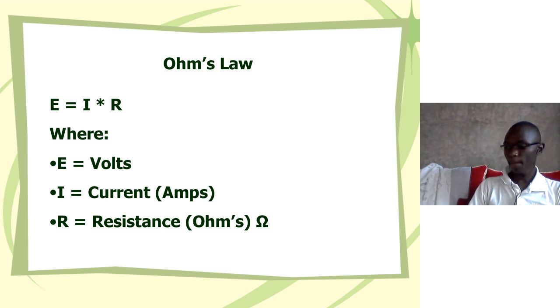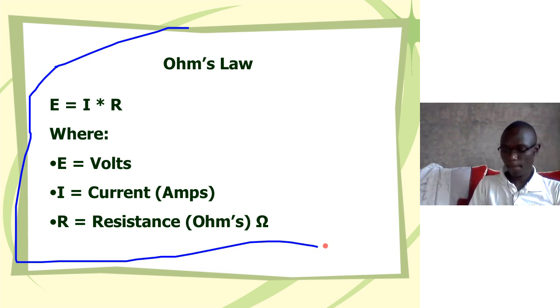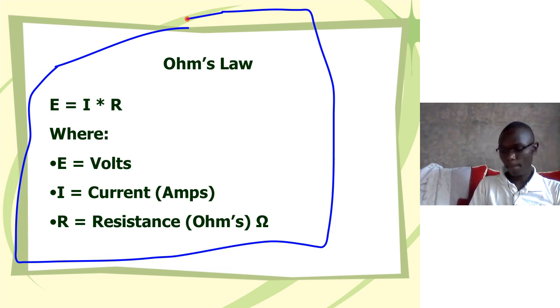So Ohm's law comes in and reaffirms those relationships as mentioned there. So we know what volts represent, we know what current represents, we know what resistance represents, and we know the flow of current is opposite to the flow of electrons.